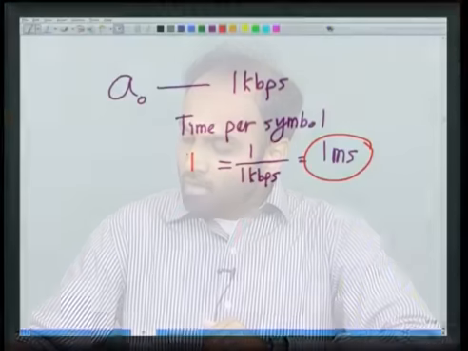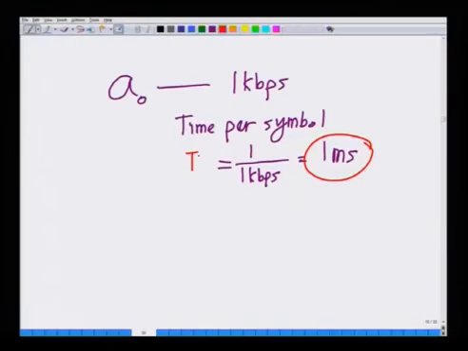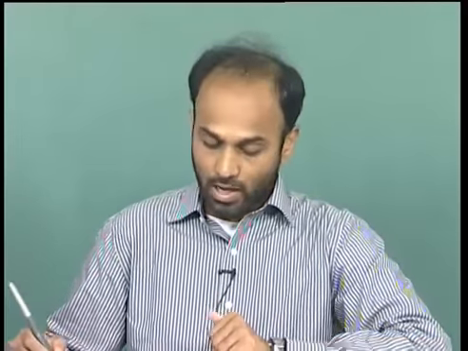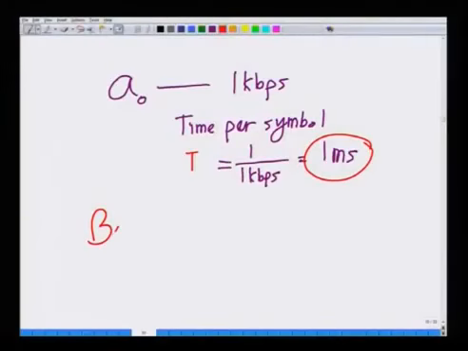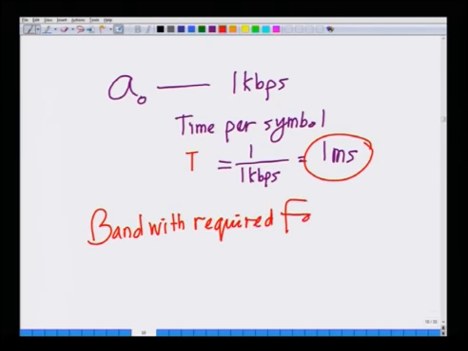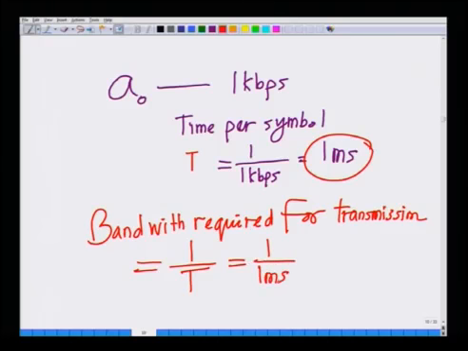Now, if time is 1 millisecond, we know that the frequency bandwidth is 1 over time. So, the bandwidth required for transmission is nothing but 1 over T, which is 1 over 1 millisecond, which is 1 kilohertz.